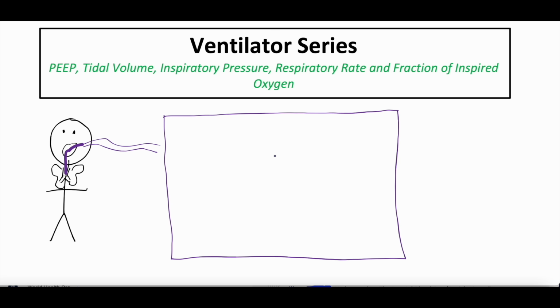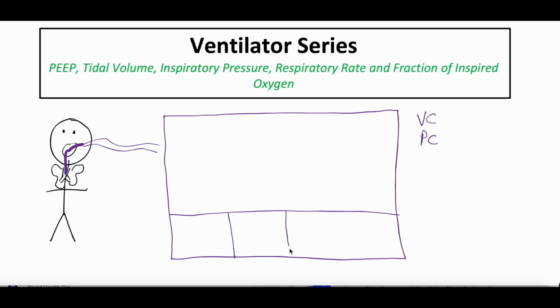And for this video, the settings are going to be for volume control or pressure control. We're not going to go into more advanced modes of mechanical ventilation such as SIMV or APRV or pressure support or what have you. This is going to be for volume control and pressure control, specifically volume control, assist pressure control. So with these types of settings, many ventilators have 4 options on the bottom of the screen.